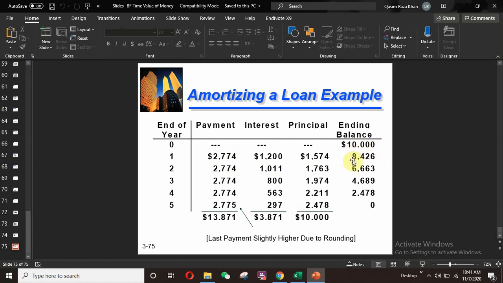This is the principal amount which we need to pay in the next 4 years. In the second year end, we again repay the 2,774 annual payment of our loan, and to calculate the interest payment we multiply the balance by 0.12.